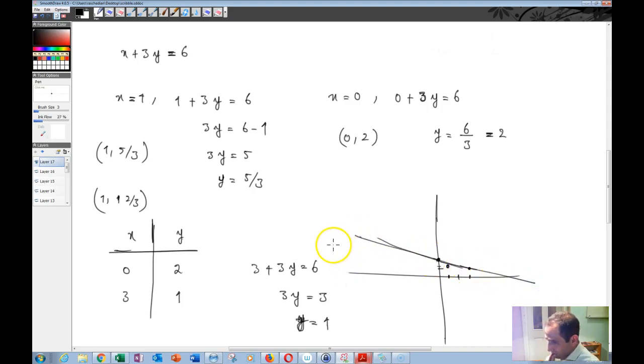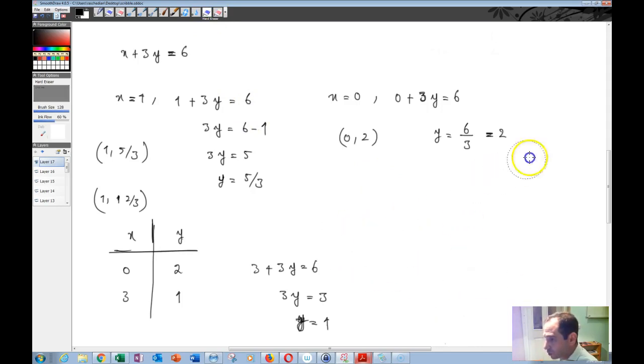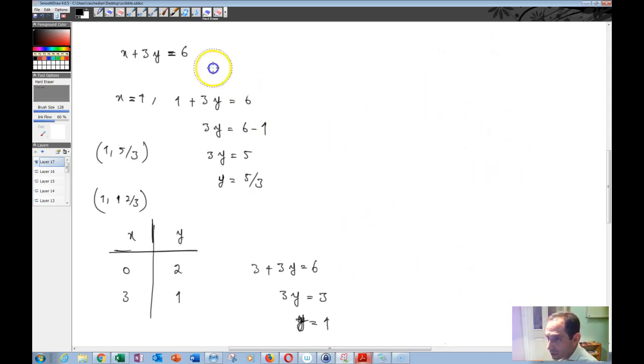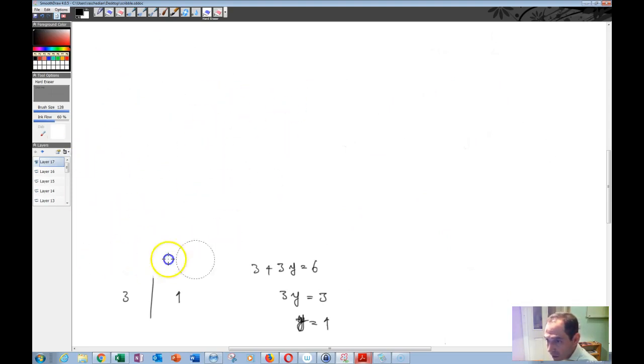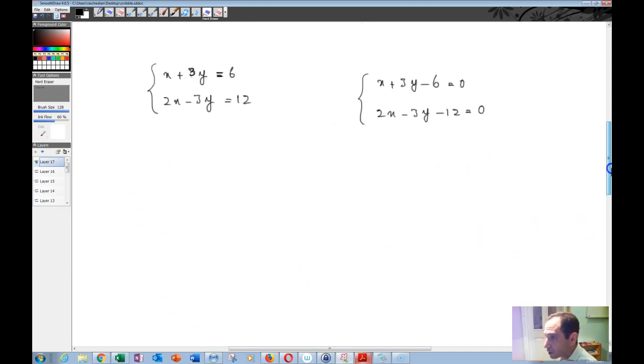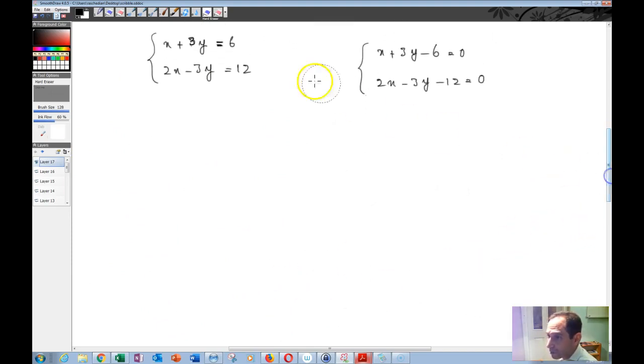Okay, but trying these values is of course a good way to draw the graph of these functions. On the other hand, what you can do is use the y-intercept and the slope of these lines, and that way you can also draw the graph of these lines.